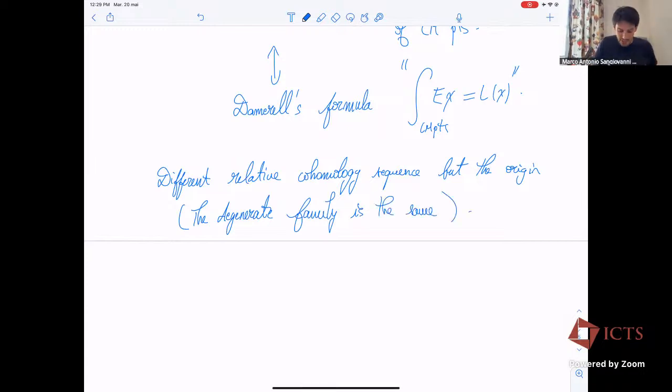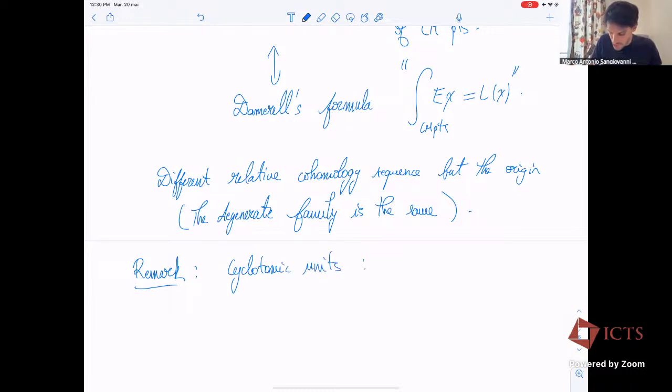So maybe let me also make a remark that also in the classical way of getting the elliptic unit Euler system and the cyclotomic elliptic unit Euler system, the process is still the same. It's just that for cyclotomic units, you evaluate, or take residues really, of a modular unit at a cusp.